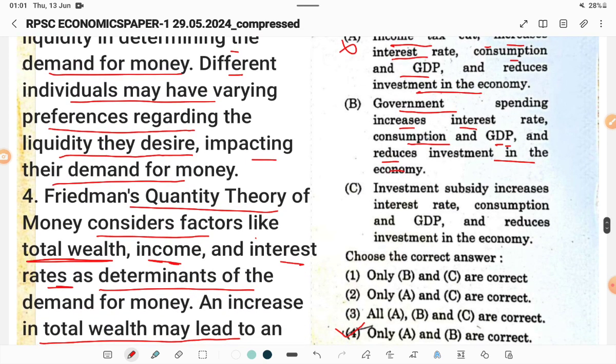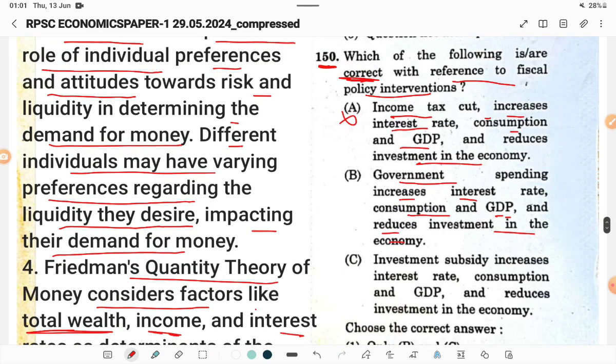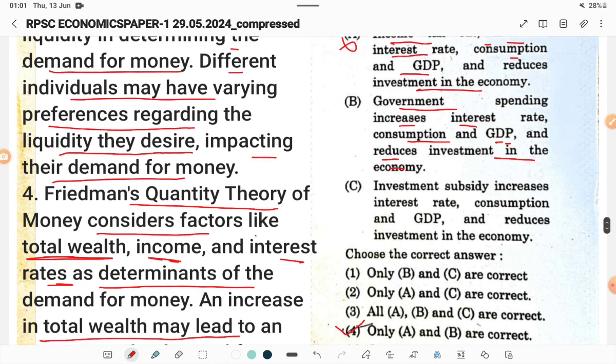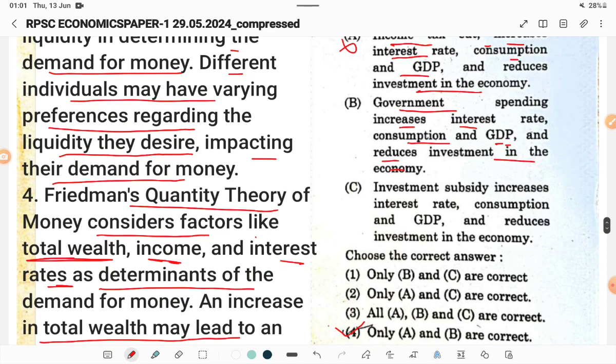Both A and B have inaccuracies regarding the effects of fiscal policy intervention.